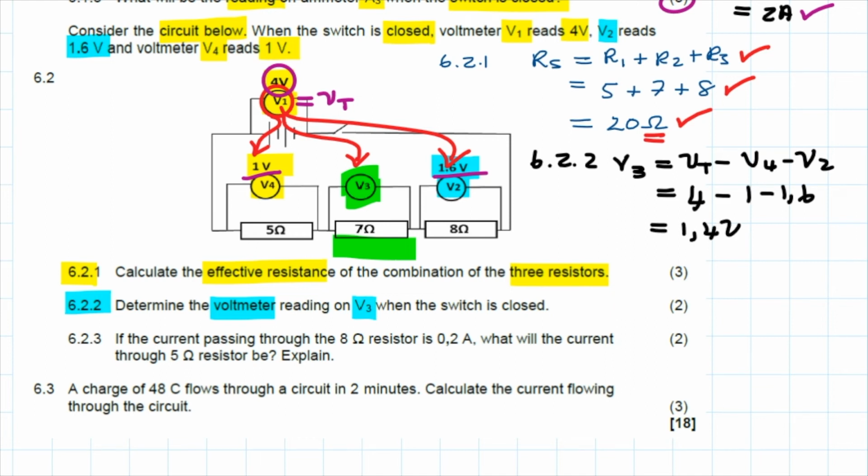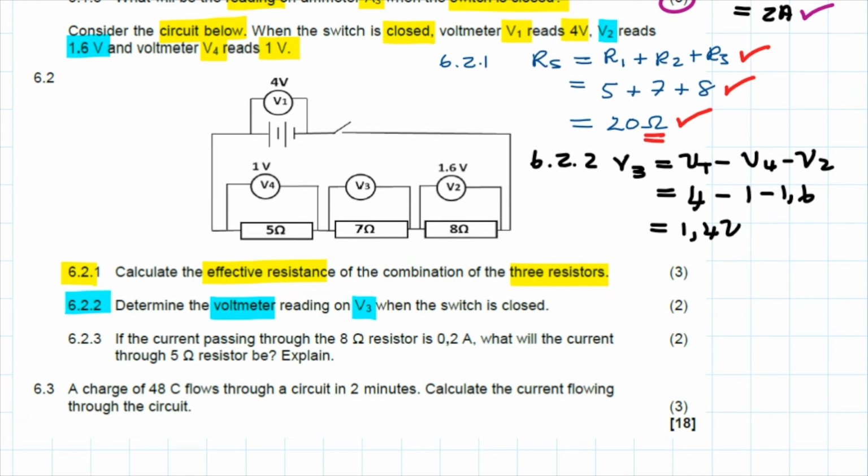So this 7 ohm resistor has measured across it a potential difference of, we're going to write that down, 1,4 volts. And you can clearly see over here the relationship that I described in the previous video, that this is divided such that the largest resistor has the biggest potential difference across it, while the smallest resistor has the smallest potential difference measured across it.